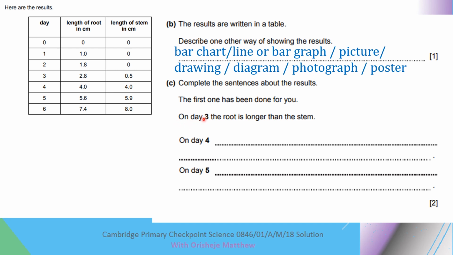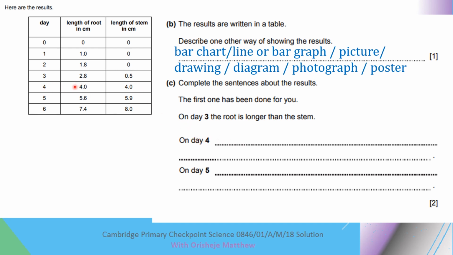On day 3, the root is longer than the stem. Day 3, length of root 2.8, stem 0.5. On day 4, what is going to happen?